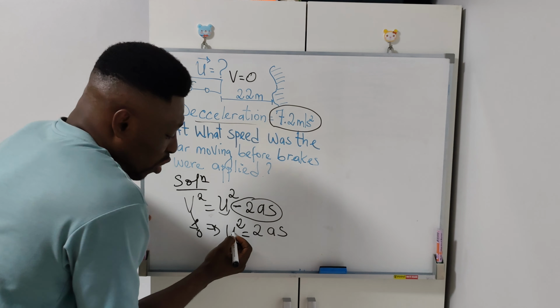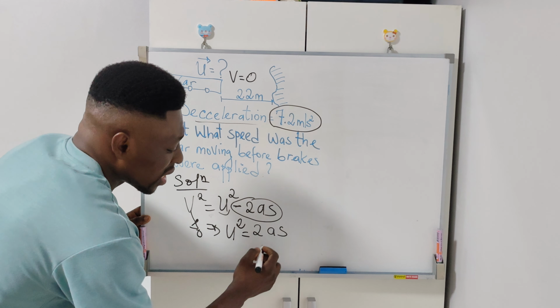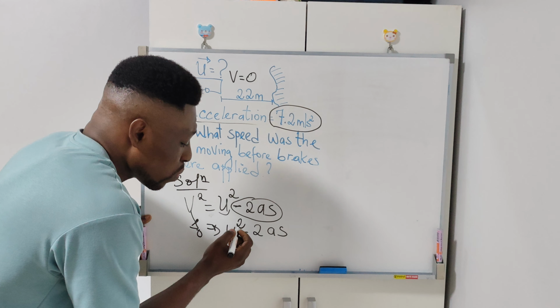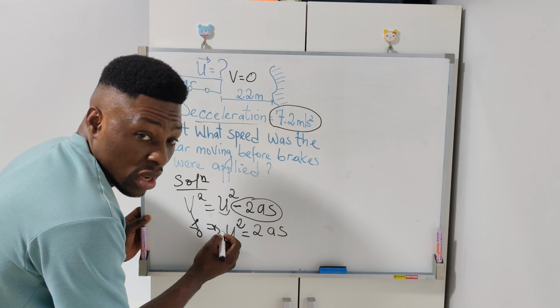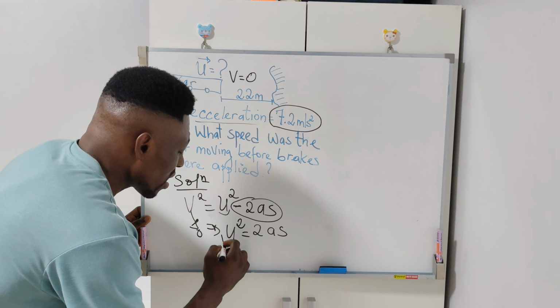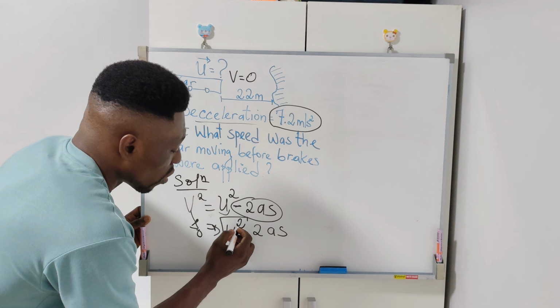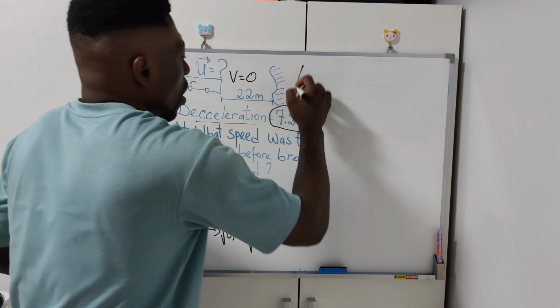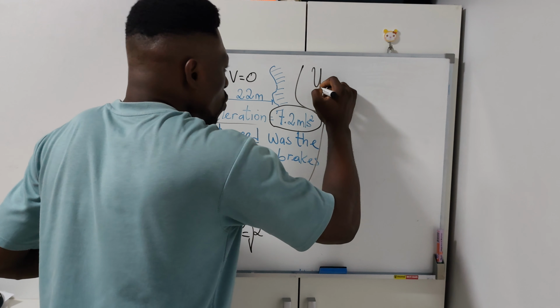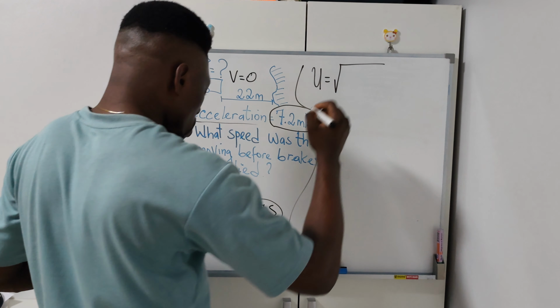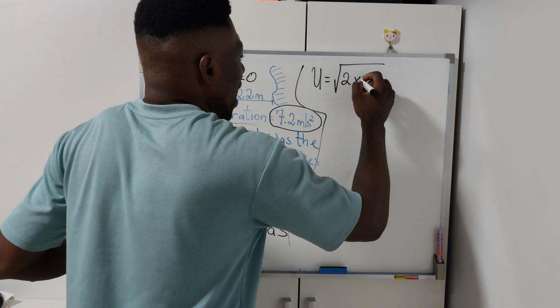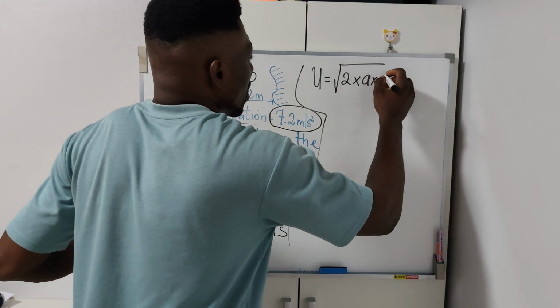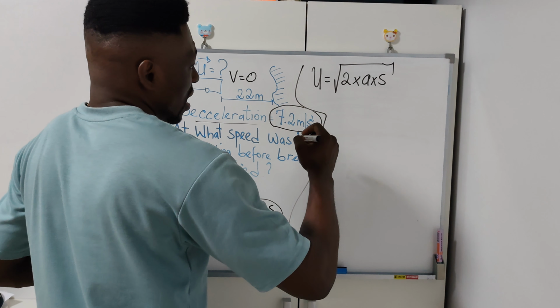To make u the subject, be careful, don't say divide both sides by 2, because this is an exponent, not just a factor. So what we will do is take the opposite of this operation, which is a square root, and we will do this on both sides. So we will have that u will be equal to the square root of 2 times the acceleration times the braking distance.